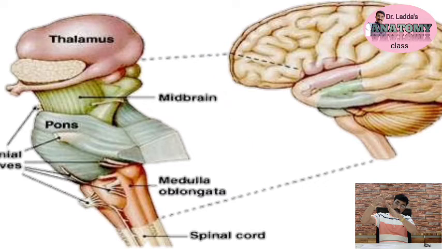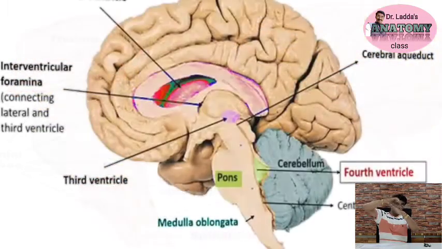At this side, there is the cerebrum. At the posterior aspect, there is the cerebellum, and this is the brainstem. Behind this structure there is the cerebellum, and this is the fourth ventricle.